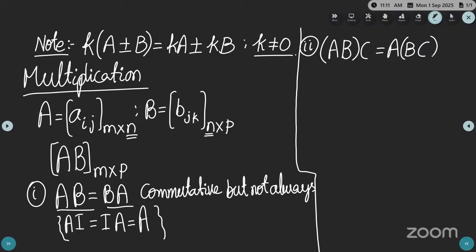A into I equals I into A equals A, where capital I is the multiplicative identity, and both capital A, I must be of the same order.